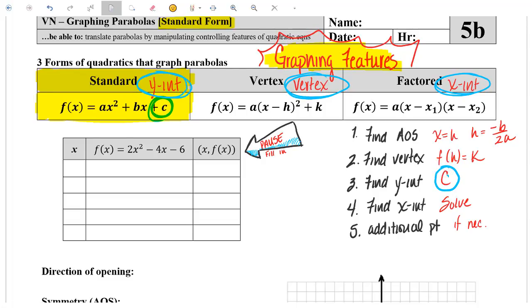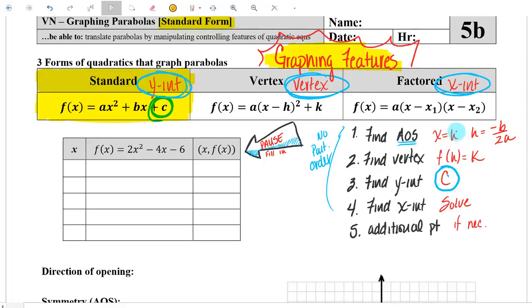So that's the piece that's revealed in standard form. But let's talk about how we're going to pull all these features out of it so that we can graph without using our evaluation table. First thing, and I should say there is no particular order for this, you can work in any order. This is the order I would generally go through. So first thing I'd look to do is find the axis of symmetry.